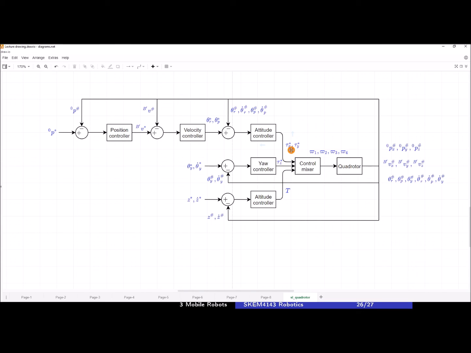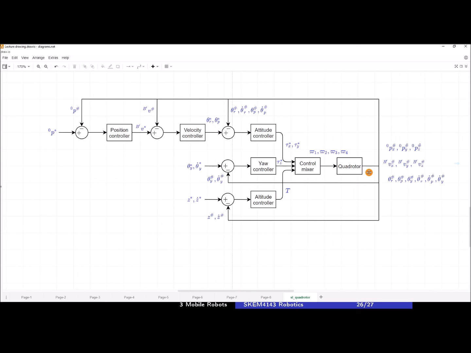So these are the desired torque values and the desired thrust, and the control mixer will give out the required rotor speed that will generate this desired torque and thrust, and those values will go to the quadrotor.